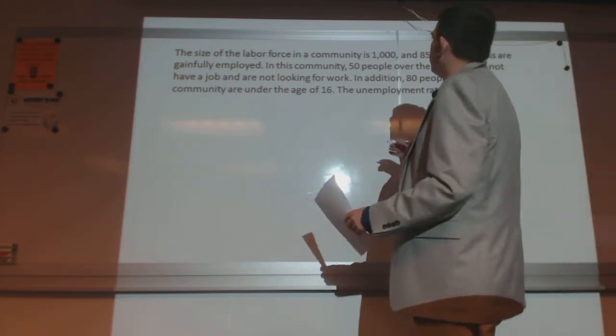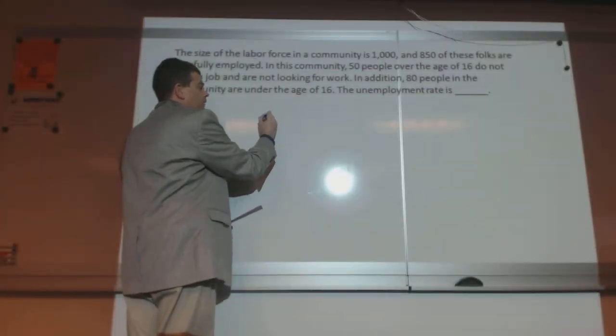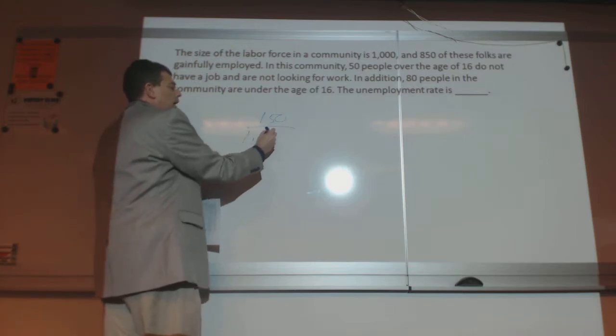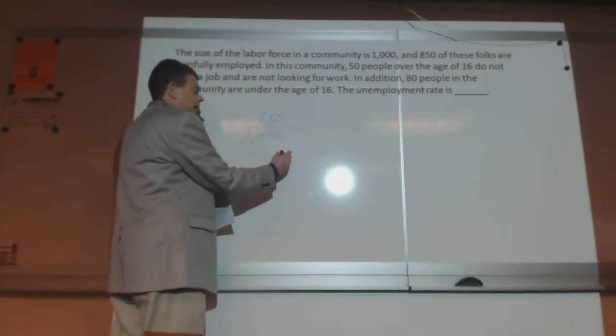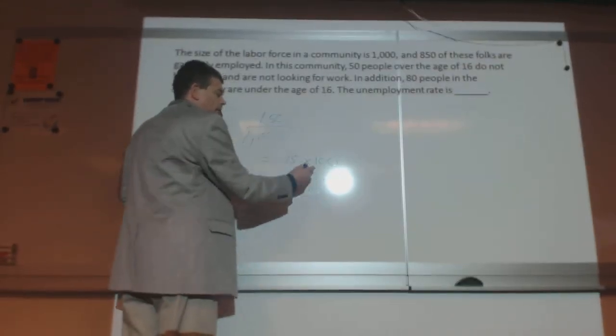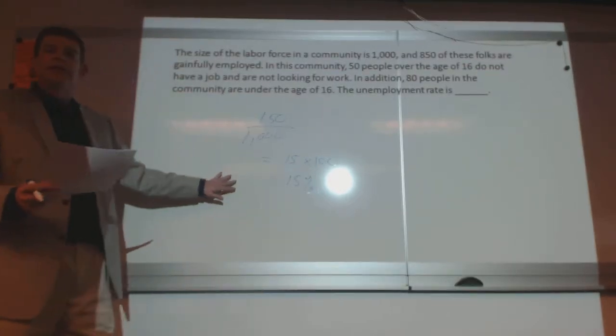You're given the labor force, it's 1,000. If 850 people are gainfully employed, you take 1,000 minus 850, that leaves 150 unemployed people, out of a full labor force of 1,000. That should be, if I did the math in my head correctly, 0.15 times 100. The unemployment rate for this particular problem is 15%.